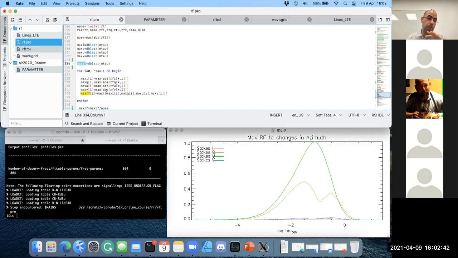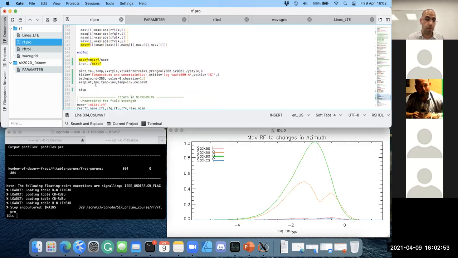I'm now not differentiating the different Stokes parameters, because when you're doing the inversion, you try to fit the 4 Stokes parameters at the same time.